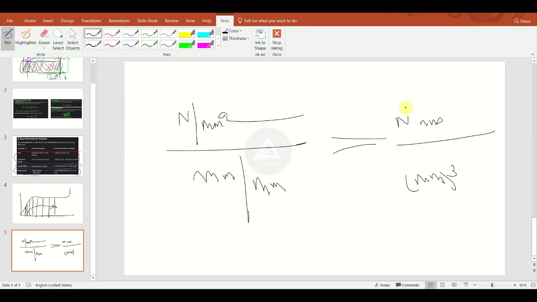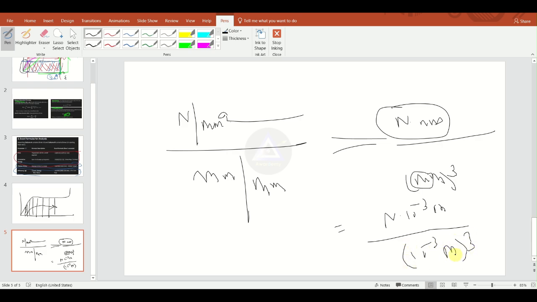So this can be considered as Newton times 10 to the power of minus 3 meters, over 10 to the power of minus 3 meter cube.